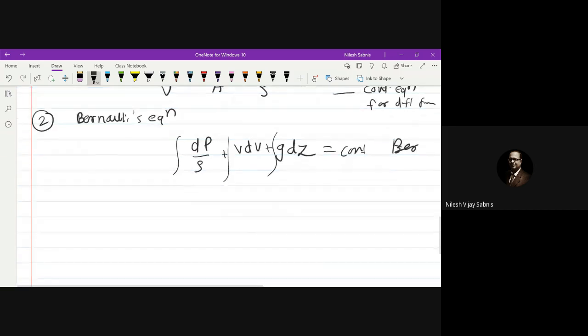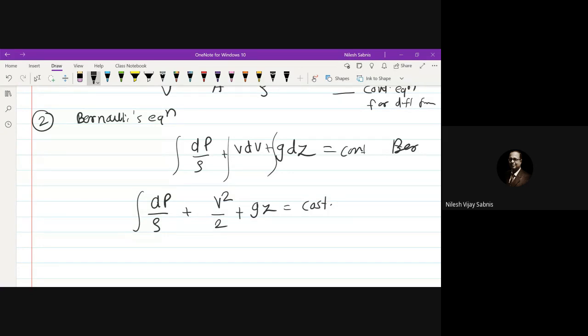In the incompressible flow case, I will keep dP by rho as it is, and the other terms integrate to V square by 2 plus gZ equal to constant.